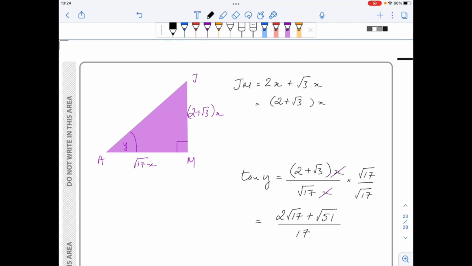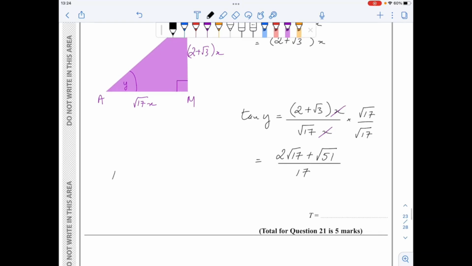And then almost there, just note that 2 square root of 17, which is this one, can be written as square root of 4 times square root of 17. And if I put this together, this will be square root of 68. So my final value will be square root of 68 plus square root of 51 over 17.